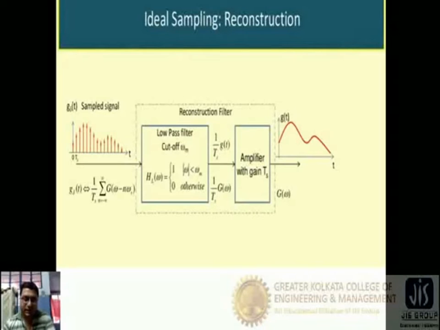The amplifier amplifies the gain of the signal after reconstruction, and in this way we can reconstruct the sampled signal to our original signal. So it has a great impact in converting a digital signal into an analog signal also. We'll discuss it in more detail in the last portion of this session.